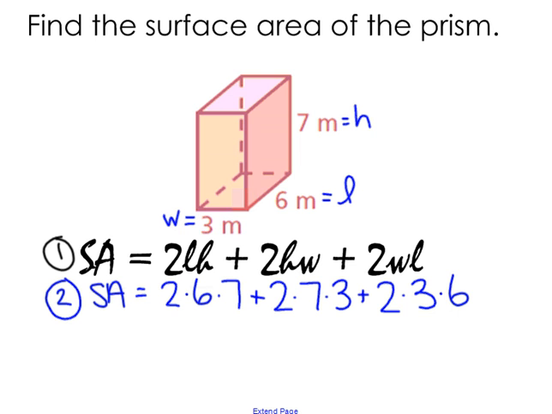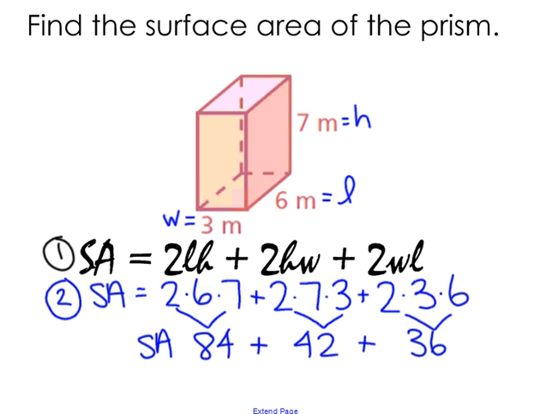And then just like before, we'll go ahead and do all of our multiplying before we add. So for the first set of multiplication, that's going to become 84. Second set is 42. Third set is 36.